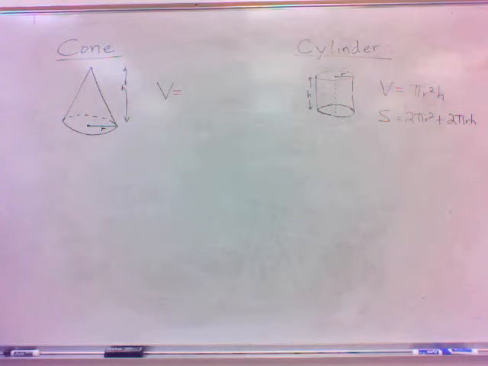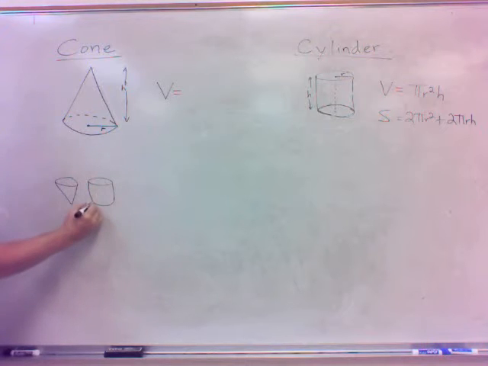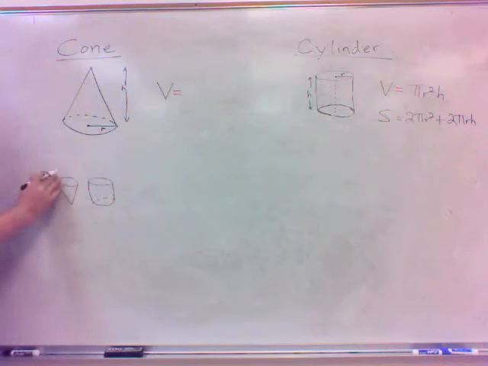What I like to ask as we're going through here is this. Let's say I took a smaller cone where I can fill it with water. It's empty, like an ice cream cone or something like that, but I can pour water into it. So I've got whatever radius, whatever height. If I took a cylinder with the same radius and the same height over here, how many times would I have to take the cone, fill it with water, and pour it into the cylinder?